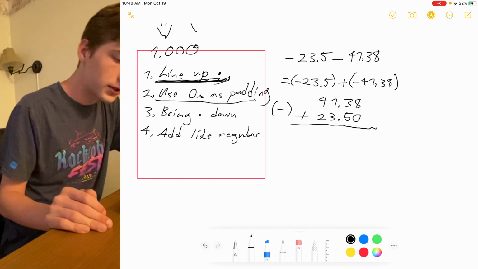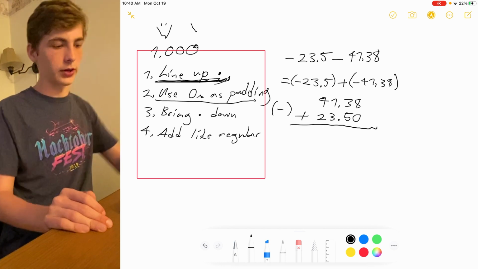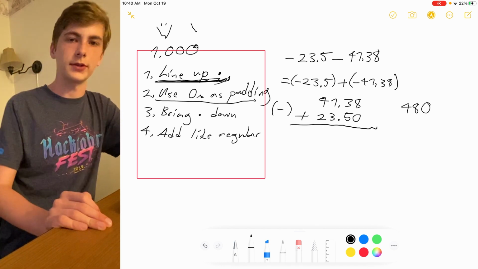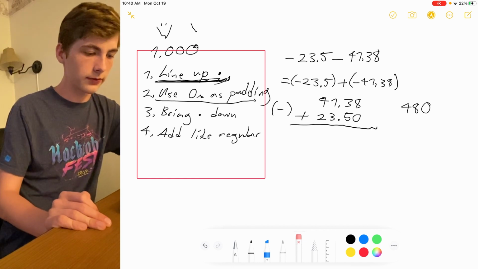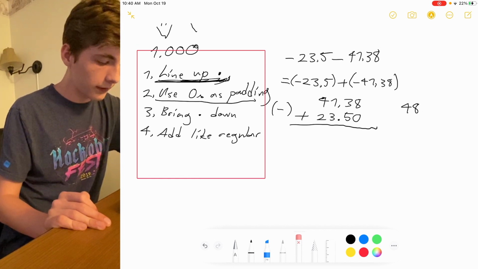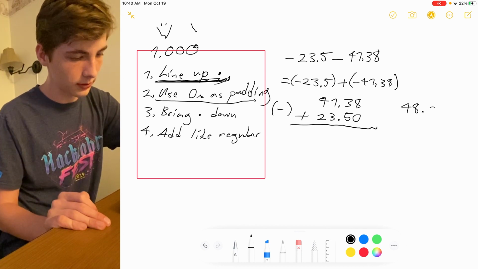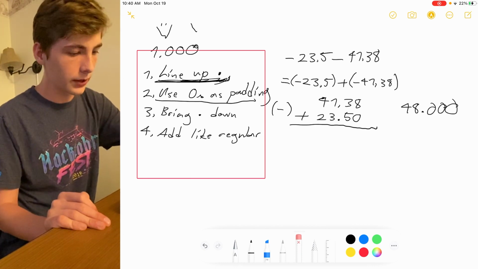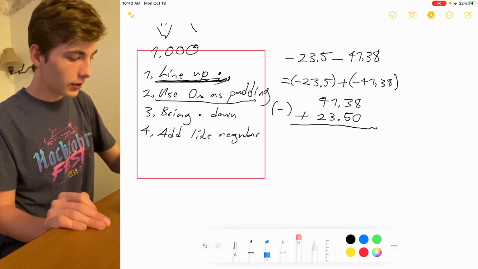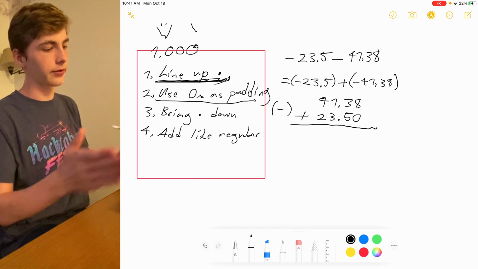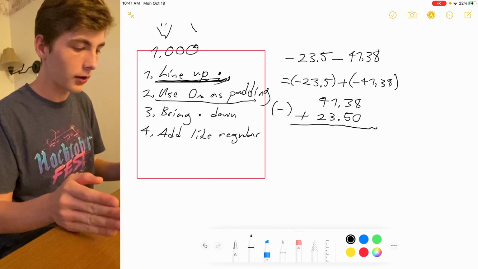But you can always add it to the end after the decimal point. You also can't, if you have a 48, add a 0, because now you've just made it 480, right? So that's also different. So I'm specifically saying after the decimal point, then you can add as many zeros as you want to your heart's content. So we've added our 0, which doesn't change anything other than just making these numbers the same length.